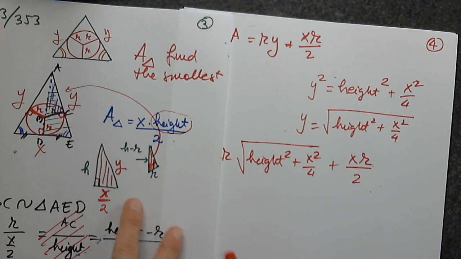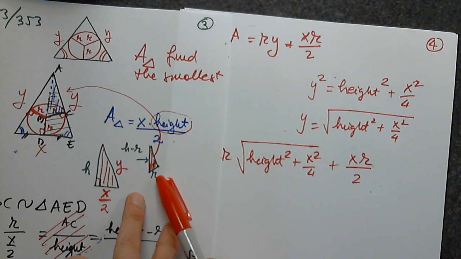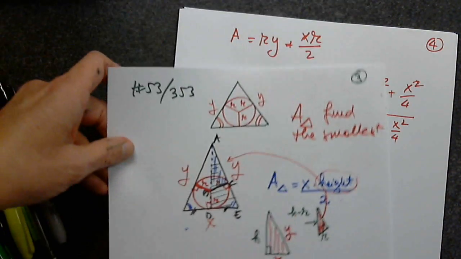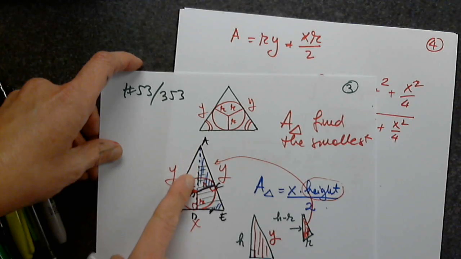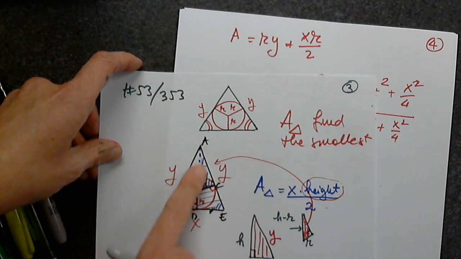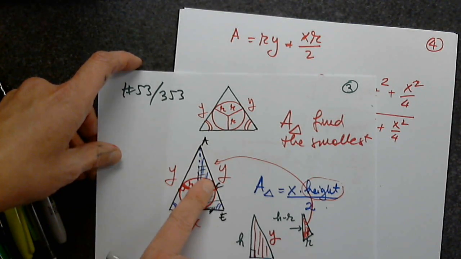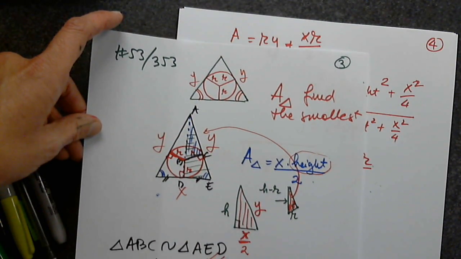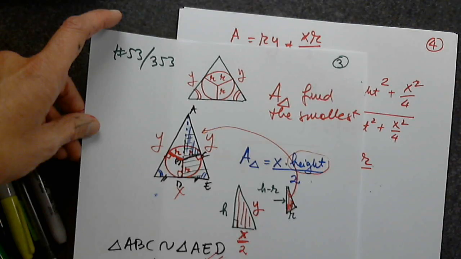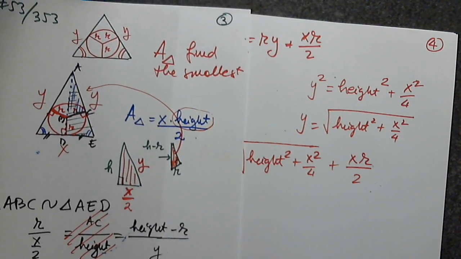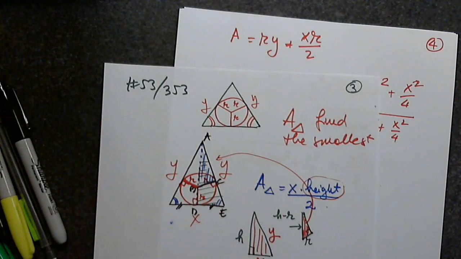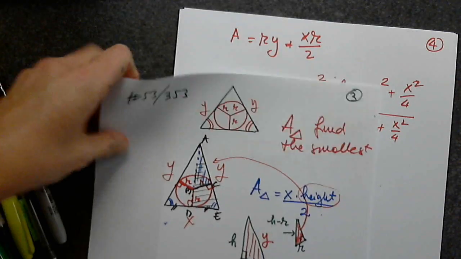From the small triangle, I don't want to mess with that, right? So this will be the height minus r, this will be r. I don't really have this piece. So what else do we know about the height?